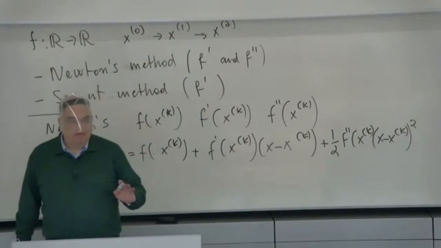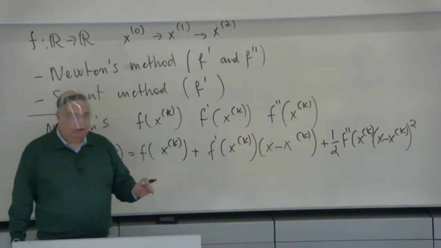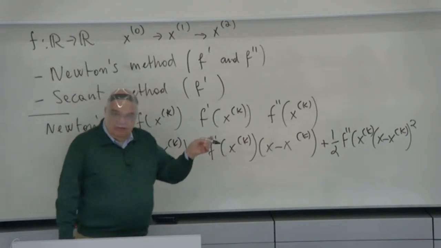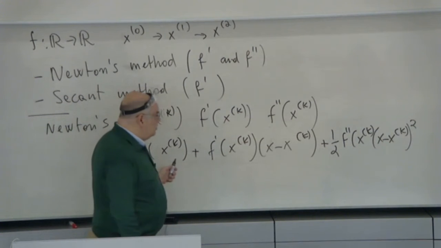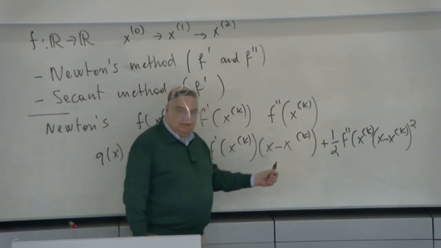So this is Taylor's formula at xk, so at every step in the algorithm.